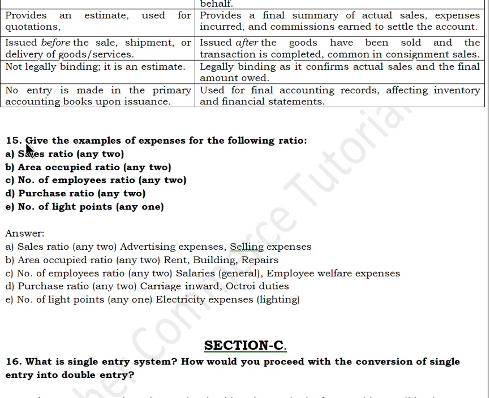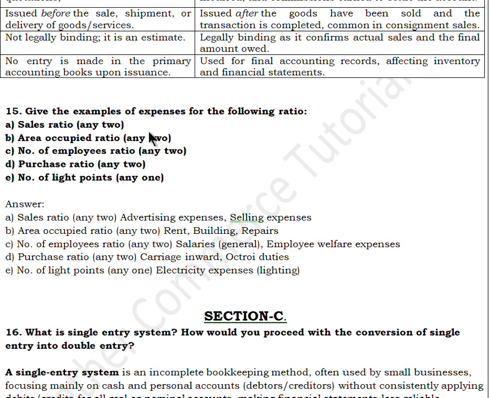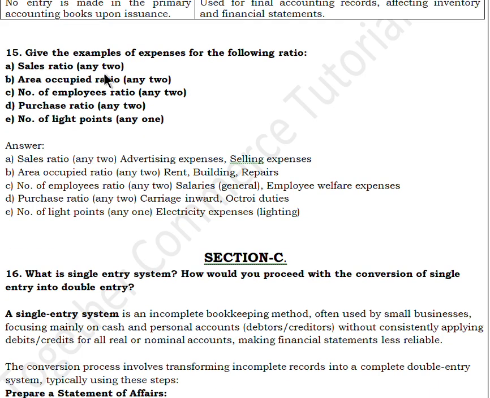Then the next question, question number 15: give examples of the expenses for the following ratios. Sales ratio. This question is from departmental accounts. For sales ratio, the expenses are advertising expenses, selling expenses, salesman commission, or anything which is associated with sales.